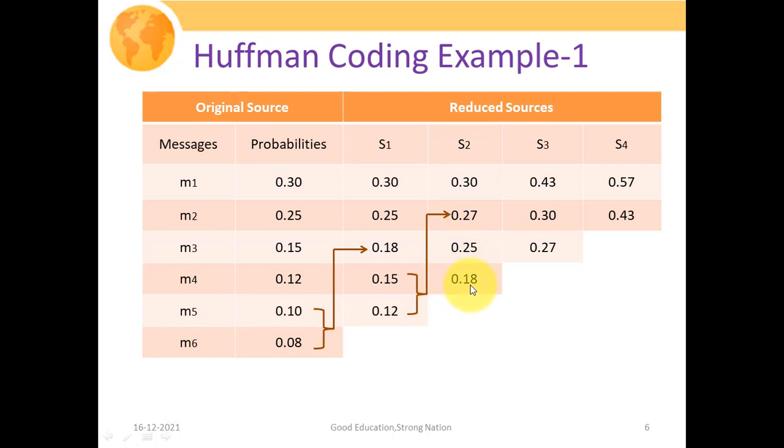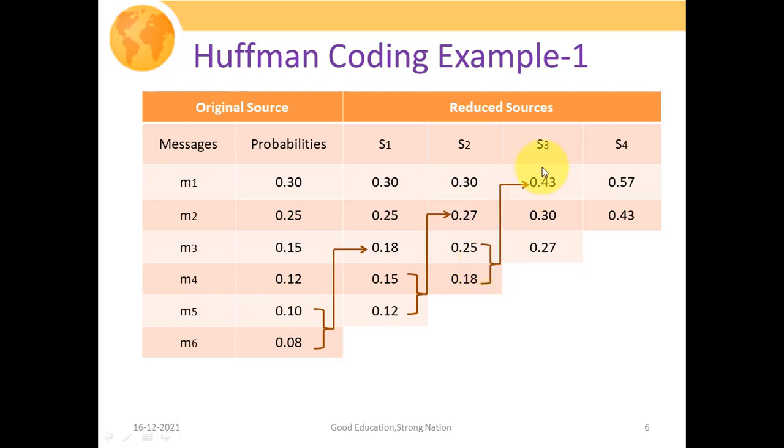Then we follow the same procedure again, adding up the last two probabilities in this column. By adding 0.25 and 0.18, we obtain 0.43, which is greater than 0.30.